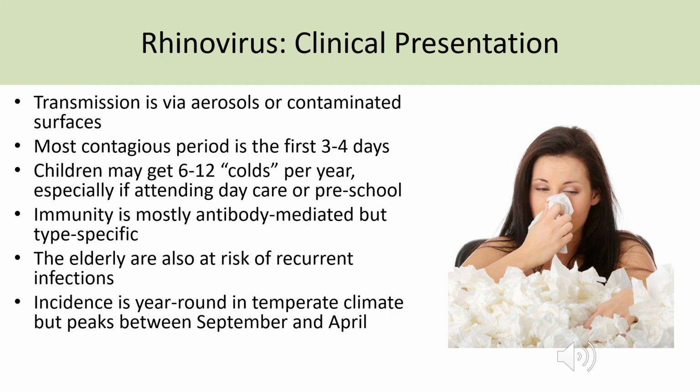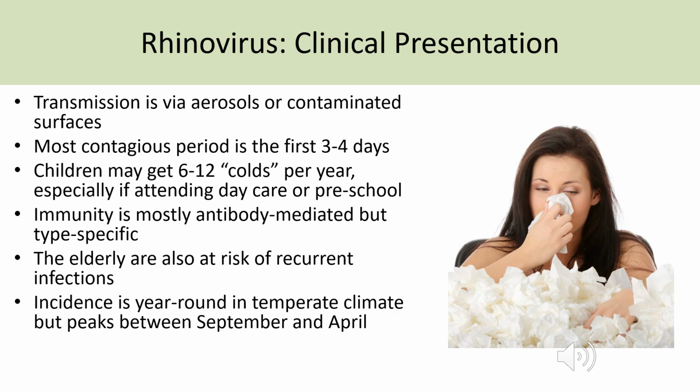Immunity is usually antibody based, so antibodies against specific serotypes of rhinovirus are usually protective. So we usually build up immunity as we grow older. But when we become very old, the elderly become at risk of starting to get recurrent rhinovirus infections.